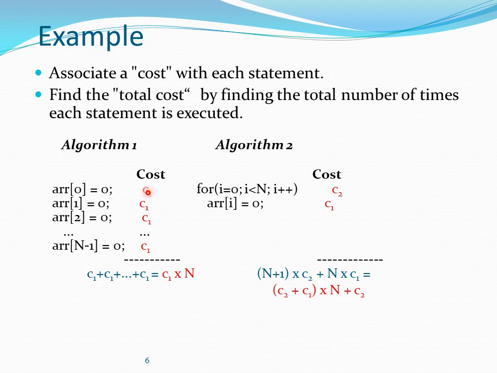For the first assignment cost C1, second C1, third statement C1, fourth statement C1, up to n minus 1. So total is C1 plus C1 plus C1 up to n times. So total C1 into n.